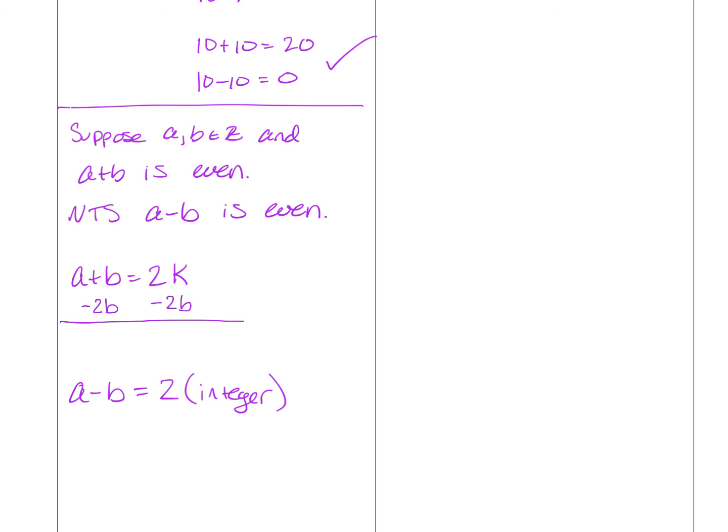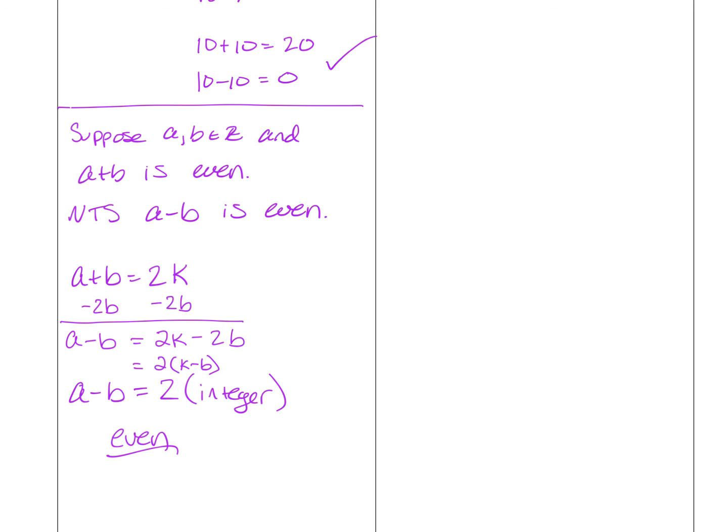So positive b minus 2b is negative b. So this is a minus b equals 2k minus 2b. And then there's a 2 in both terms, so that's 2 times k minus b. k is an integer, b is an integer, so we have 2 times an integer. I've convinced myself it's even.